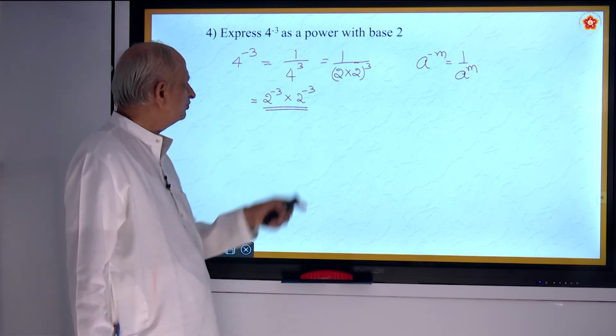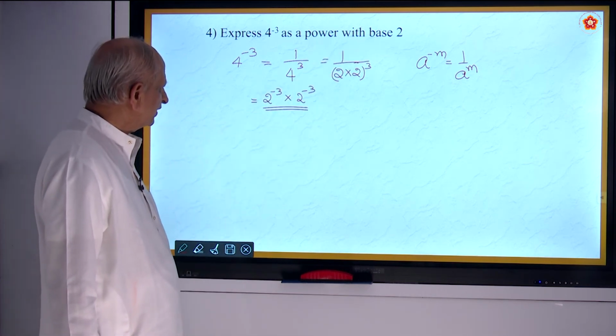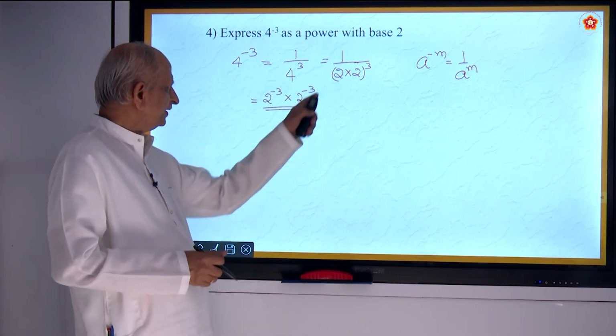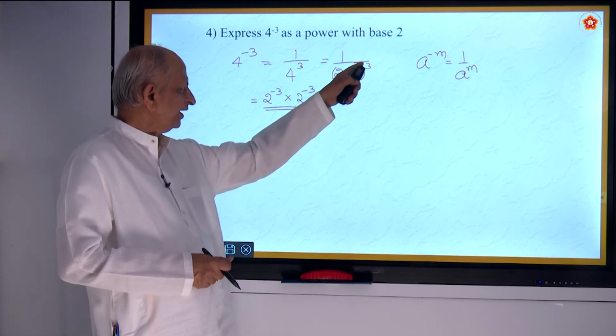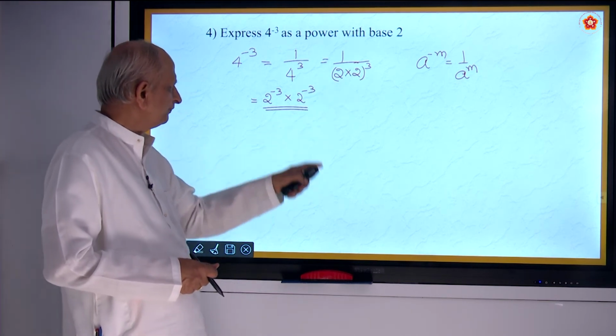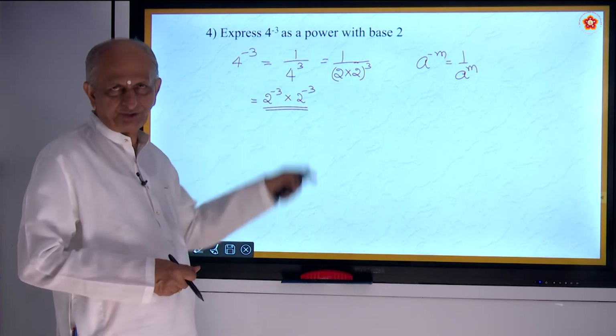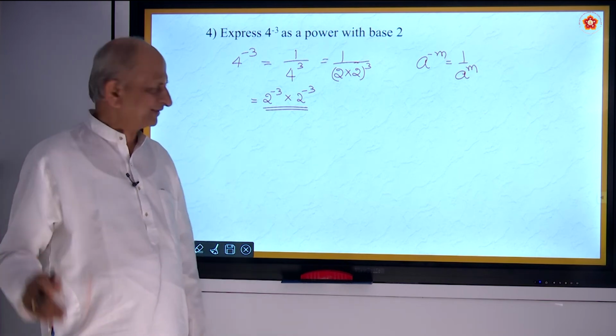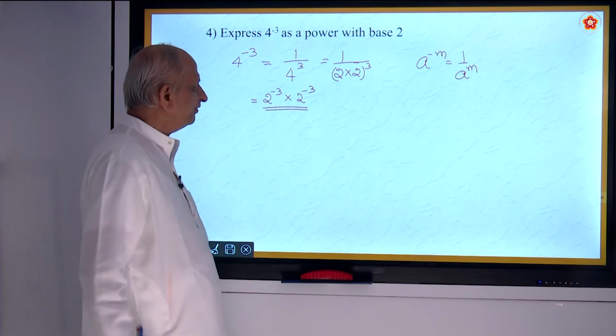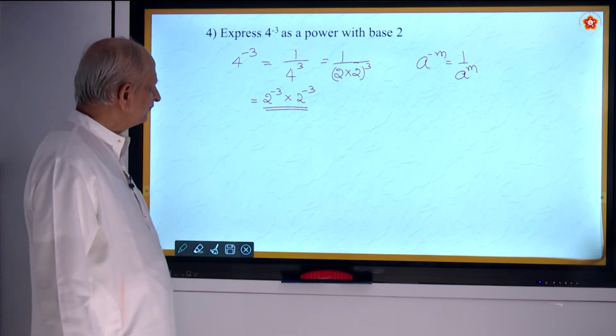This is the base 2. For example, 2 cube is 8, 8 into 8 is 64. So 1 by 4 cube is also 1 by 64. So both are correct. So this is how you write in the powers of base 2.